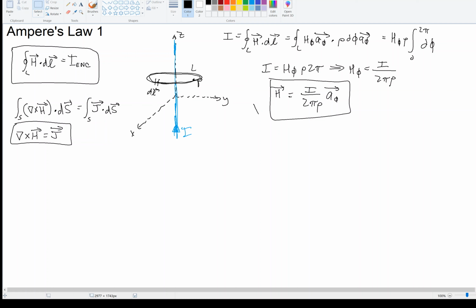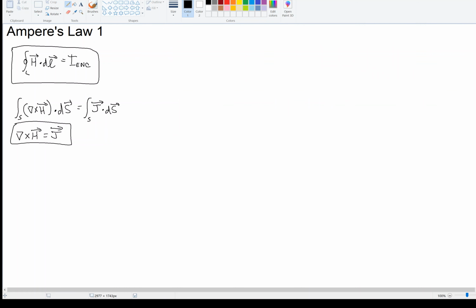Okay, so I'm going to erase this and we're going to go to another example of how we can apply Ampere's law. Let's say that we have a sheet of charge now, an infinite sheet of charge. I am going to orient my infinite sheet on the xy plane, although you don't have to, but you have to pick something convenient.